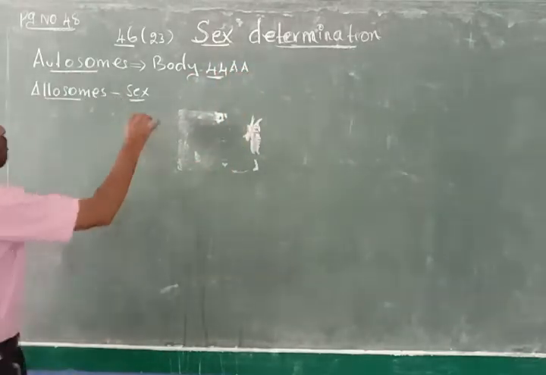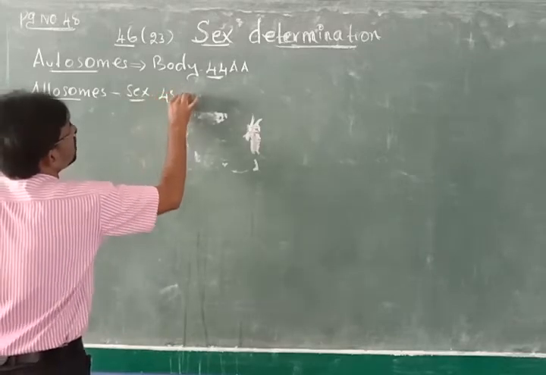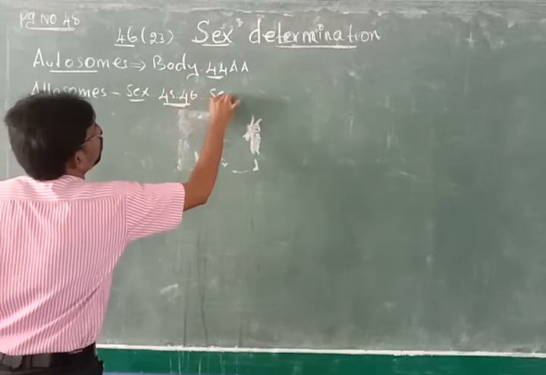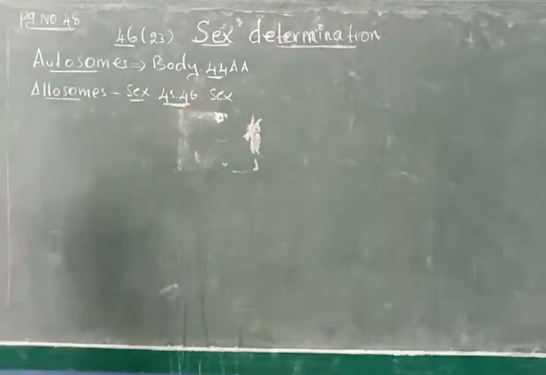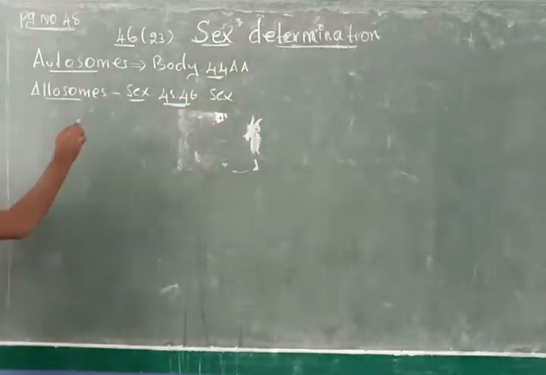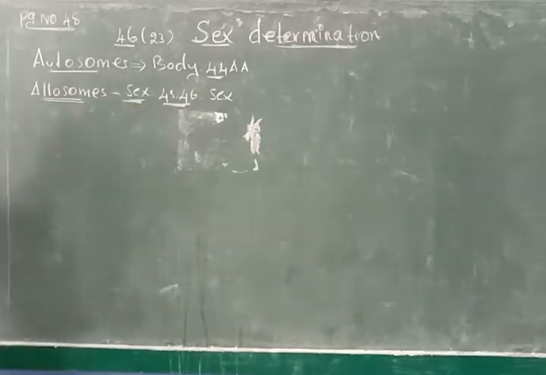In the other pair, that is 45 and 46, these two chromosomes are the sex chromosomes in all individuals. Now, since we are talking about sex determination, we have to concentrate on the allosomes or the sex chromosomes.